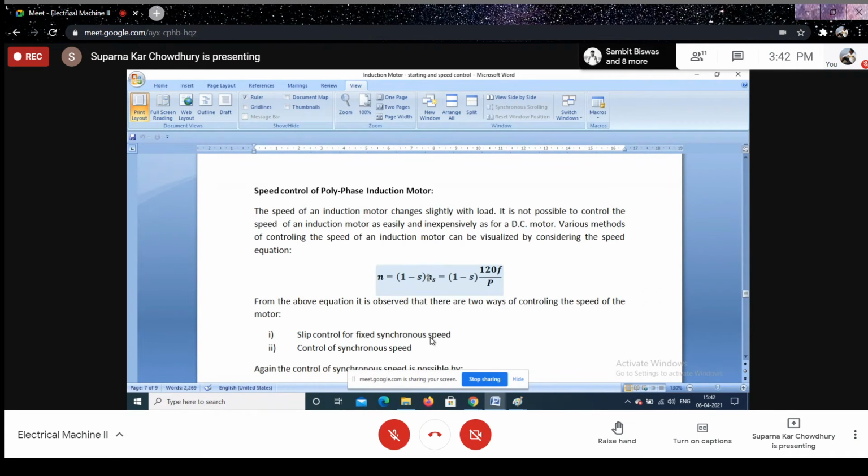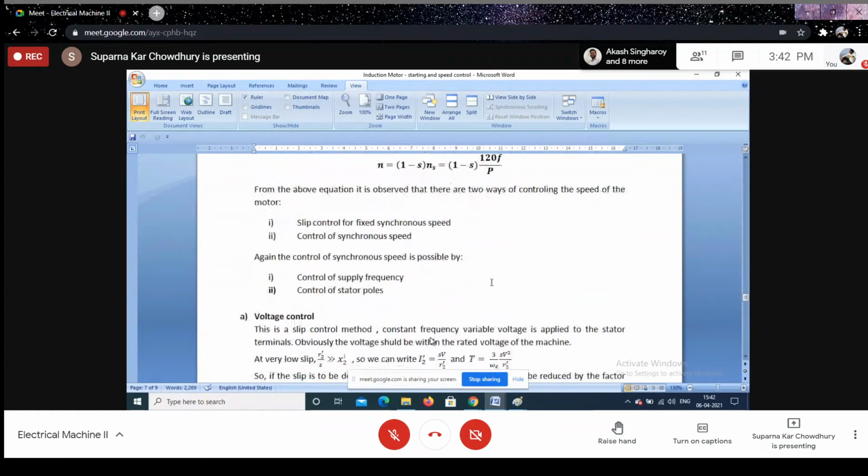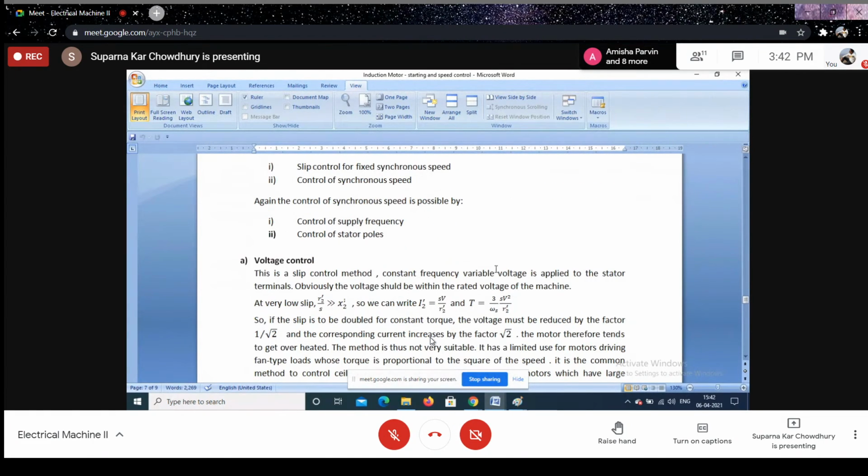If we want to change the synchronous speed, then either we have to change the frequency or change the number of poles of the stator winding. So there are basic methods.